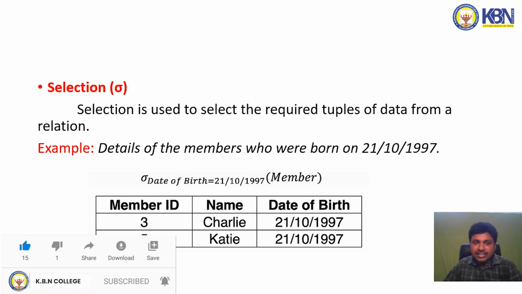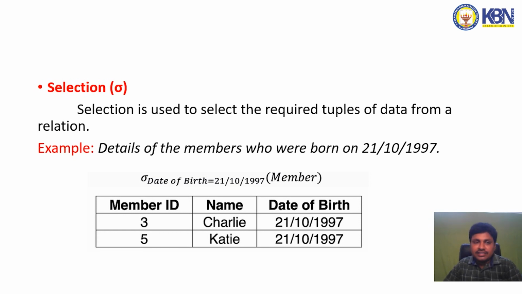In relational operations, we take the selection, that means selecting the data. To select, we use the symbol sigma. In sigma, date of birth equal to 21st October 1997, that means we are retrieving particular data. We write member as the relation, then it can be identified immediately.